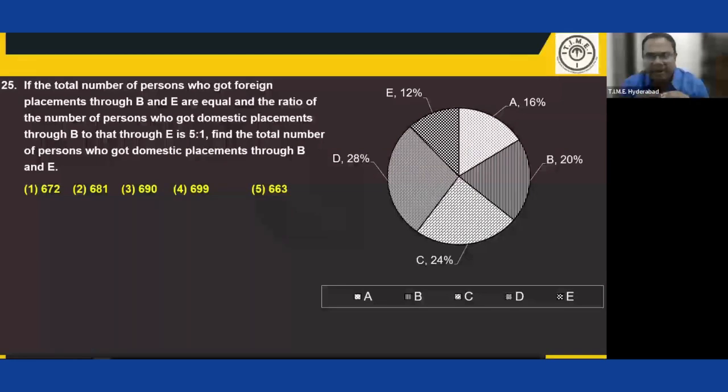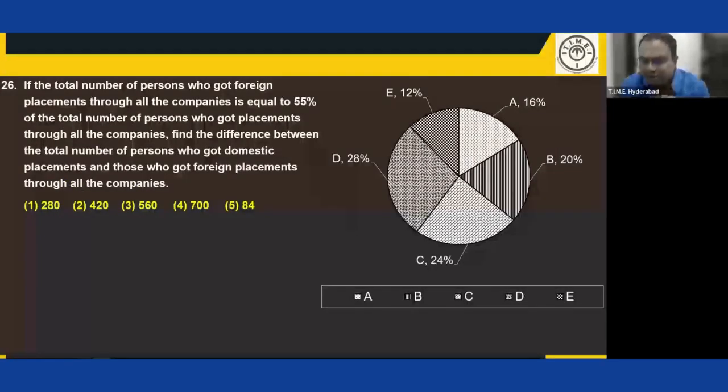This is RRB PO Prelim 2022. 21st question is choice 1. Previous set, choice 1. 22 is choice 5. 23 is choice 3. Okay.